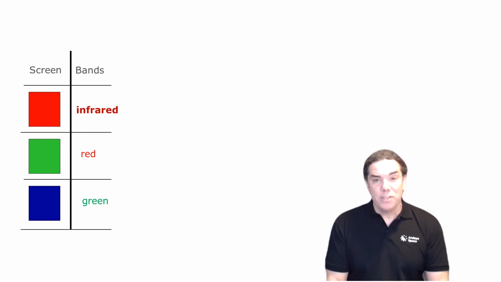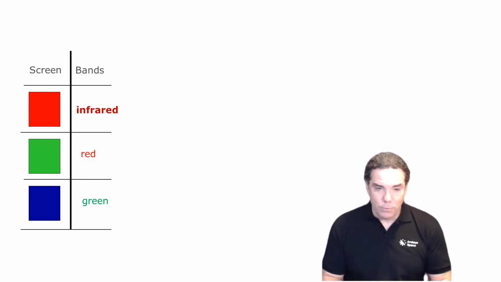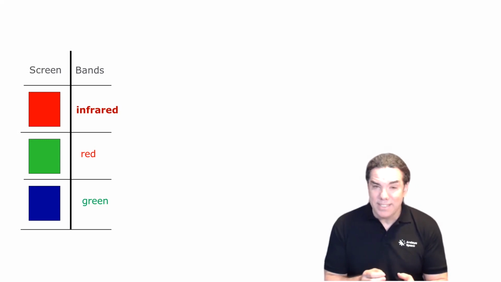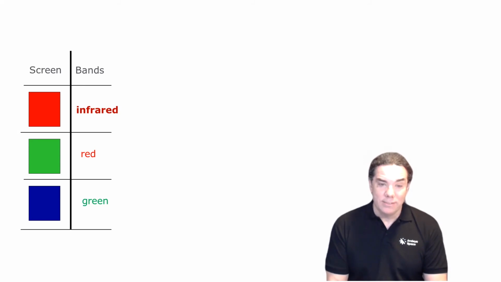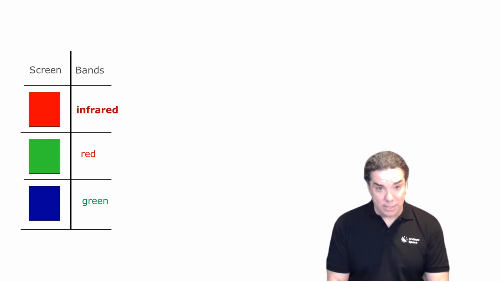Since the reddish is already occupied, everything is a little game here. The red band we are going to represent in green. So now a green thing means that in real life it's red. And the green band is going to be represented using the blue palette.